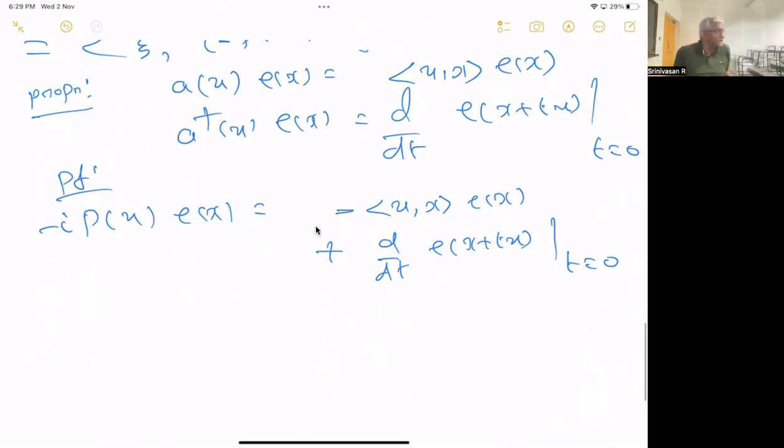This AU is what is called the annihilation operator. It annihilates one particle. From the n-particle vector, it will come down to an n minus 1 particle vector. In particular, it will kill the vacuum vector.